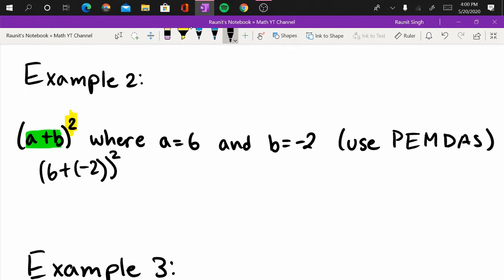So we have 6 minus 2, because plus minus turns into a minus sign, and then we have squared, so then we have 4 squared, which is equal to 16.